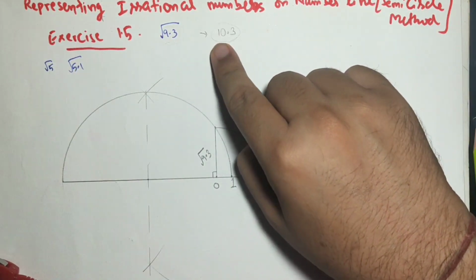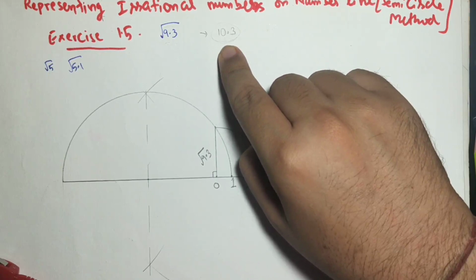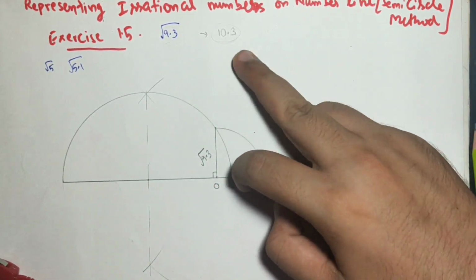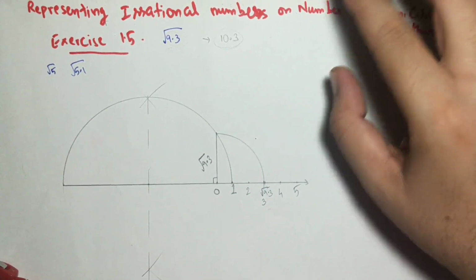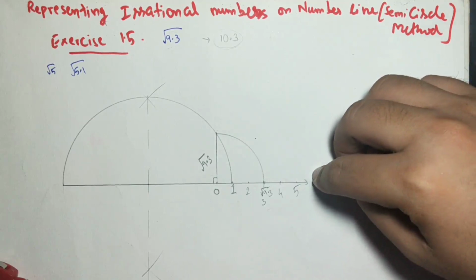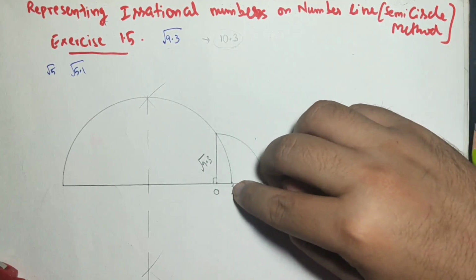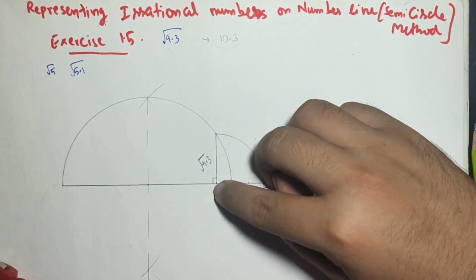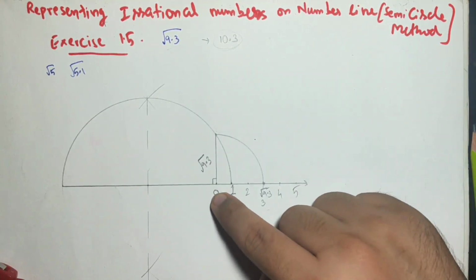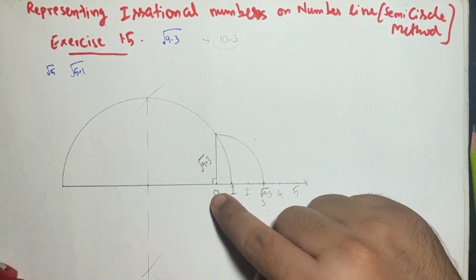Add 1 to that number. Draw a line segment of that length in centimeters and mark the end point as 1, and extend that line as a number line. One centimeter on the left side, the point which is at 9.3, mark this as the 0 point.